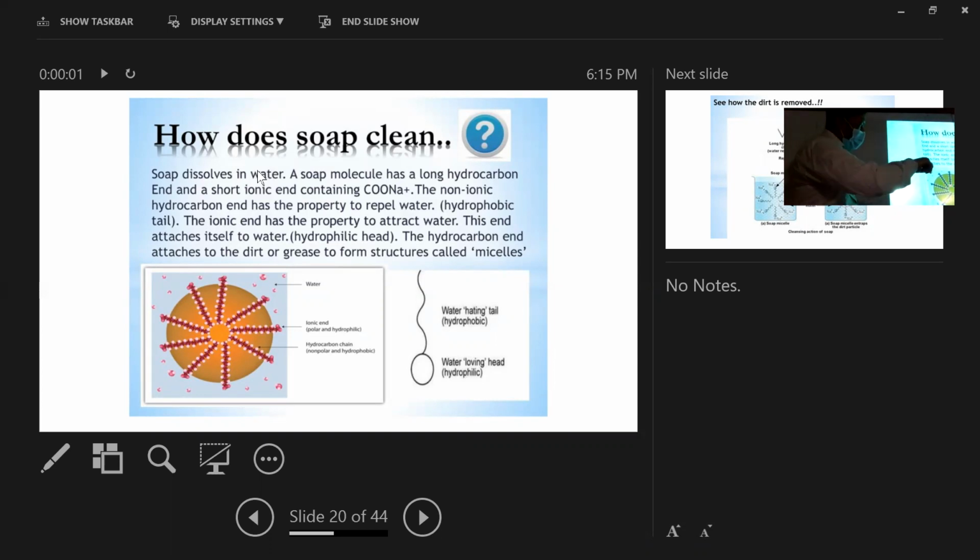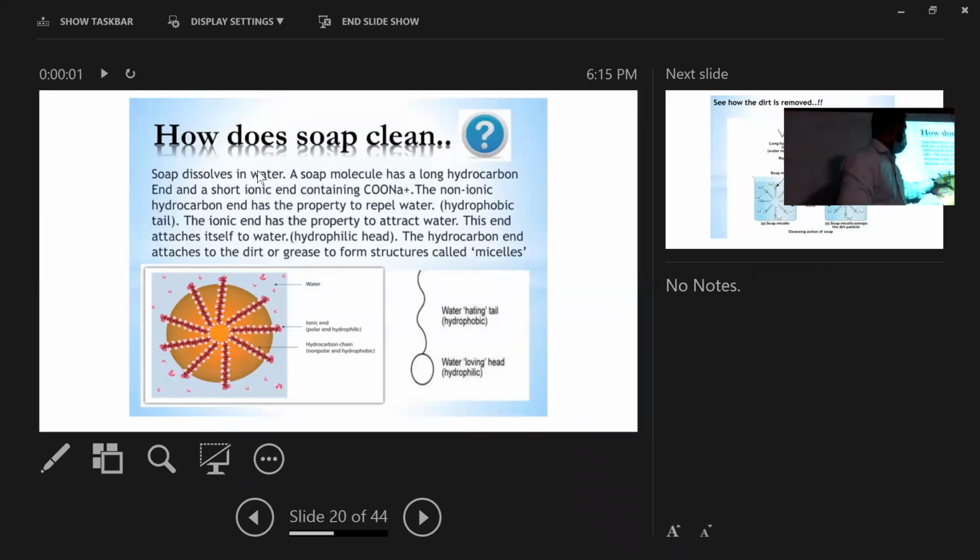Therefore, when this long part attracts the dirt, it looks like this is one soap molecule, this is another soap molecule, and another, and another. Now this part attracts water. We have a lot of water, and this is making bonds with water.